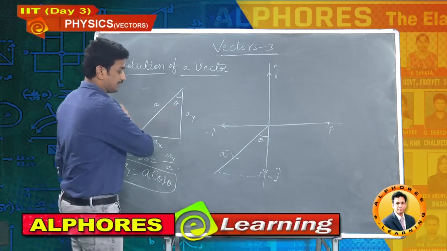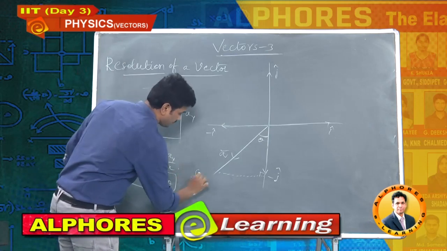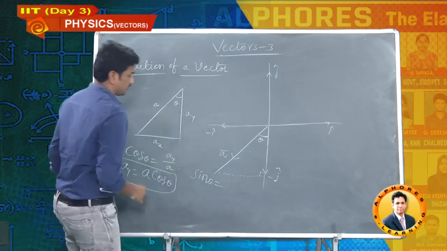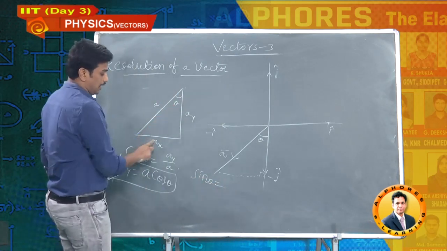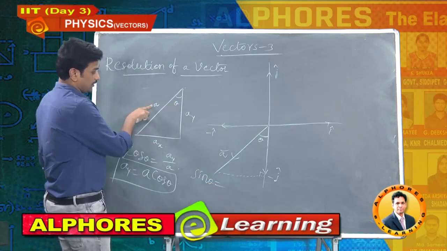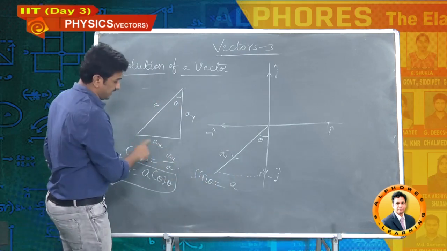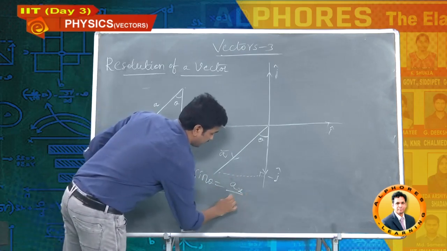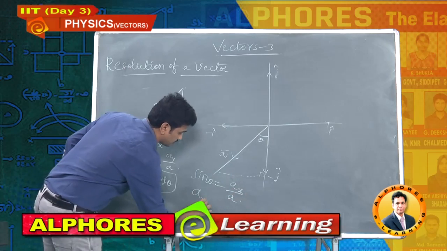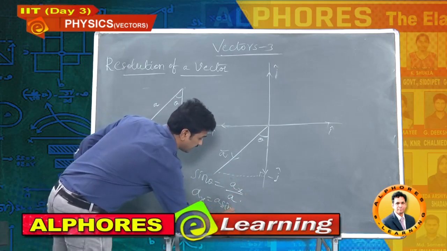Similarly, sin theta is opposite by hypotenuse, Ax by A. So Ax is A sin theta.